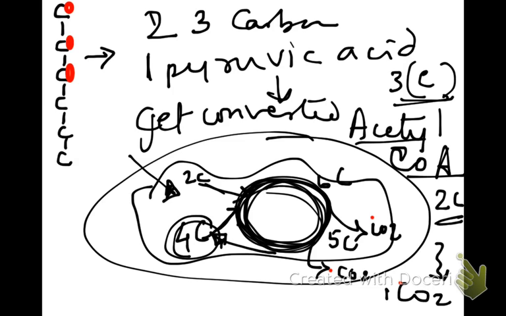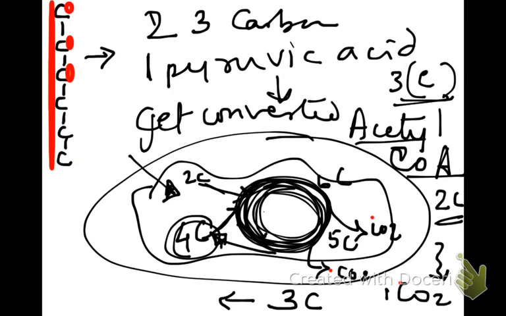Have I? The answer would be no. Why? Because my glucose is made up of 6 carbons. Now these 6 carbons have to be accounted for. At present, with 1 turn of the Krebs cycle, I have only lost 3 carbons. I still have to account for the other 3.